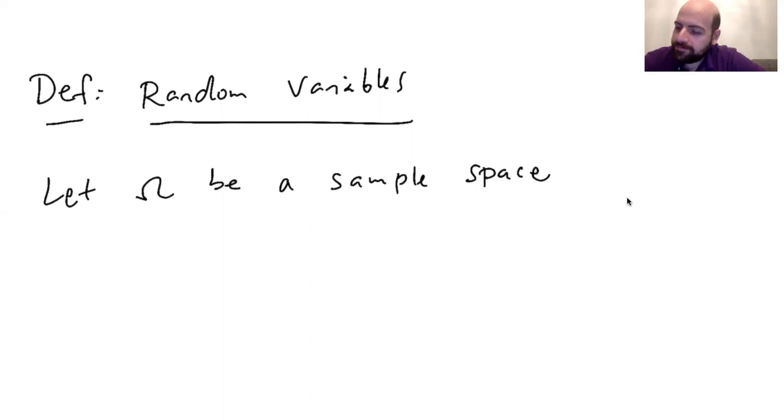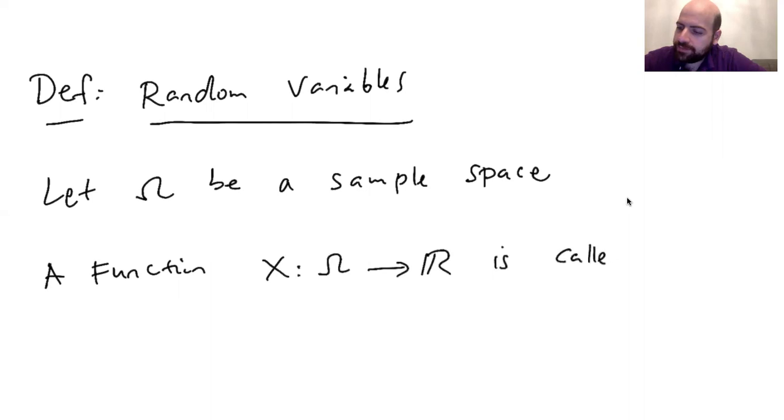A function, let's say capital X from omega to R, is called a random variable. That's it. A function X from omega to R is called a random variable. So any function from omega to R is called a random variable.